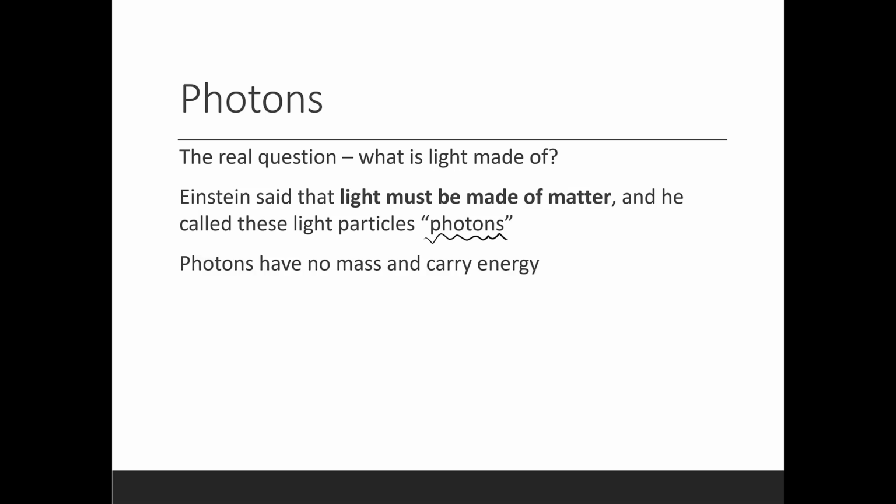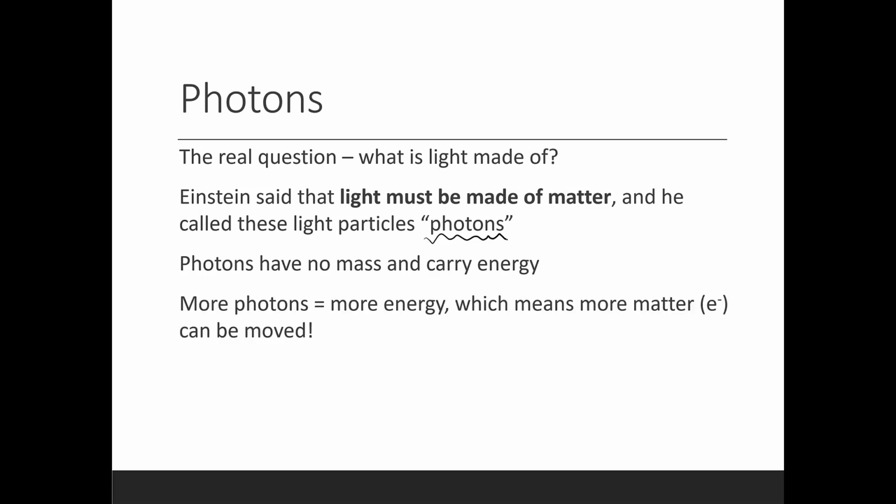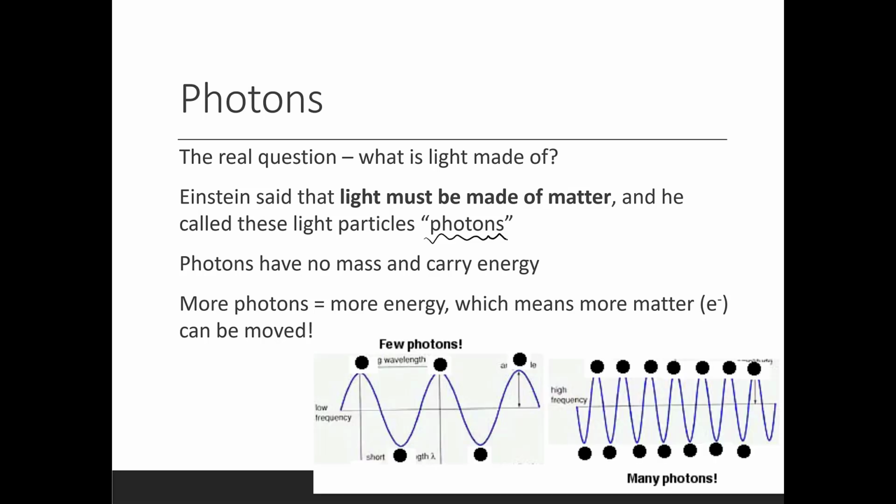He said these photons have no mass, but they carry energy. They're made of matter, sort of. So it gets kind of complicated, right? These photons have no mass, but they carry energy. More photons, more energy, which means you can move more matter with more energy. All right, so in this picture down here on the left, we have a larger wavelength, very long wavelength, and it carries fewer photons.